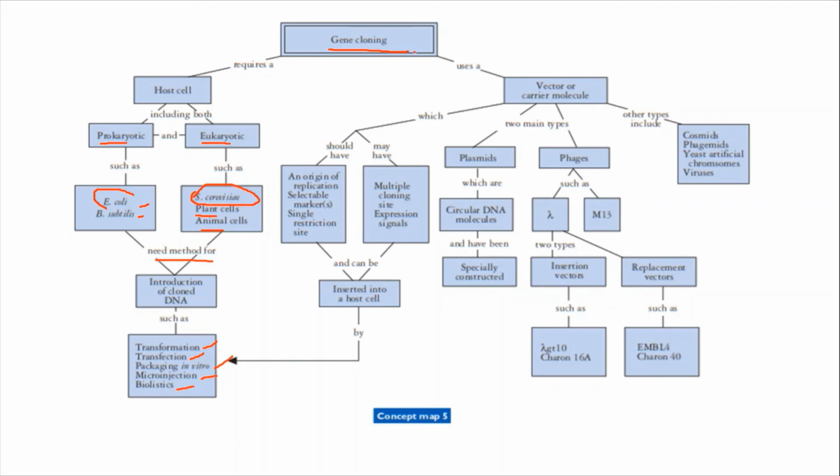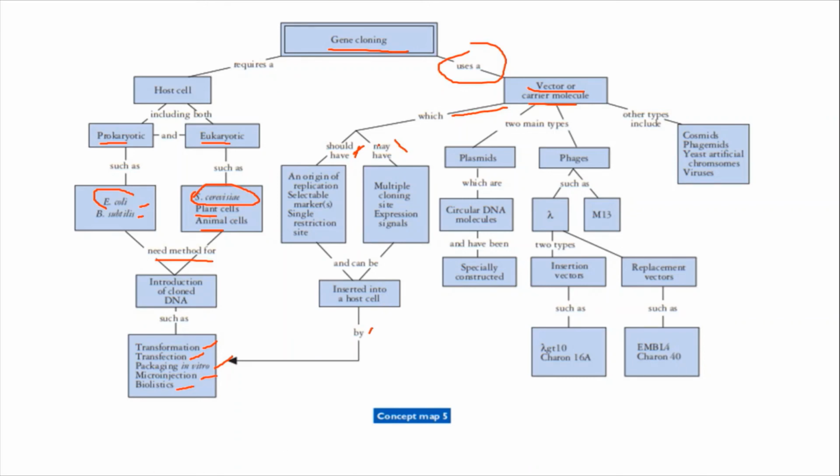It can be inserted into the host cell by these transformation methods. It may have a multiple cloning site or expression site. In the case of an expression vector, the multiple cloning sites are needed. Similarly, multiple selectable markers are needed for effective selection.